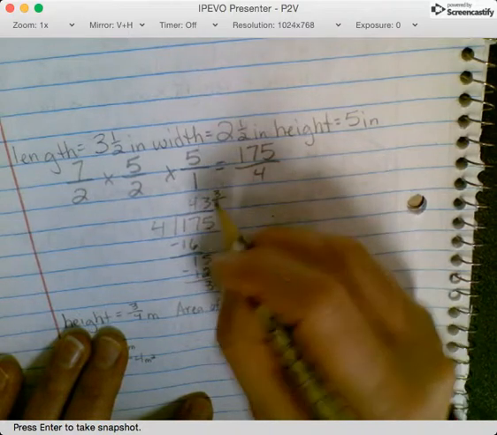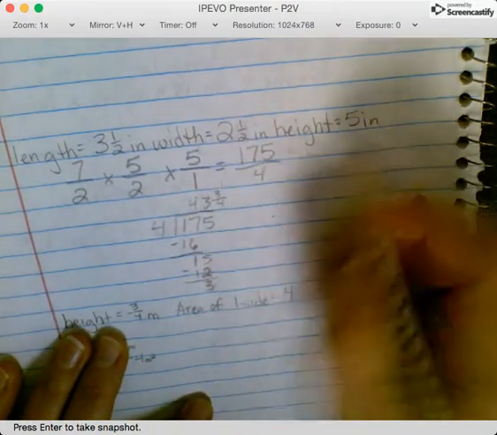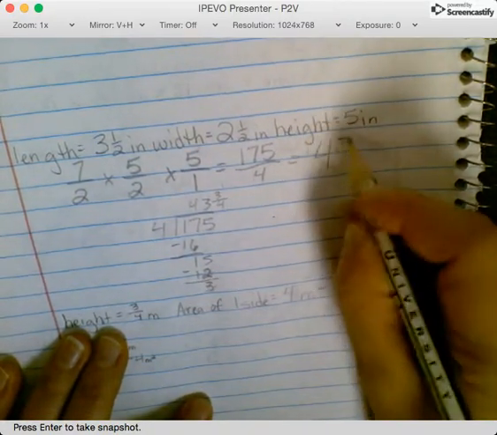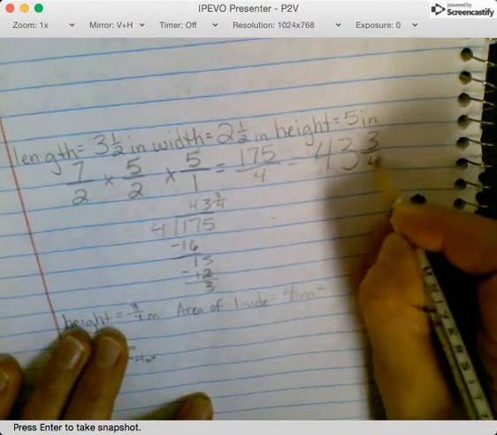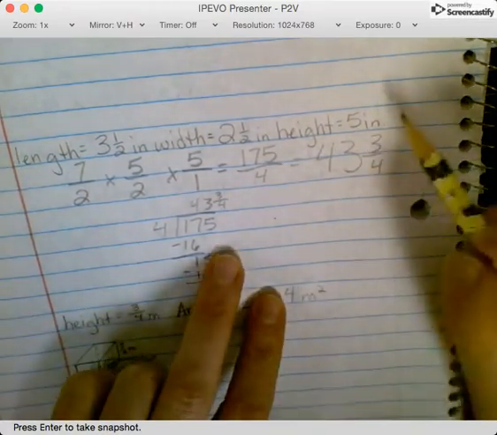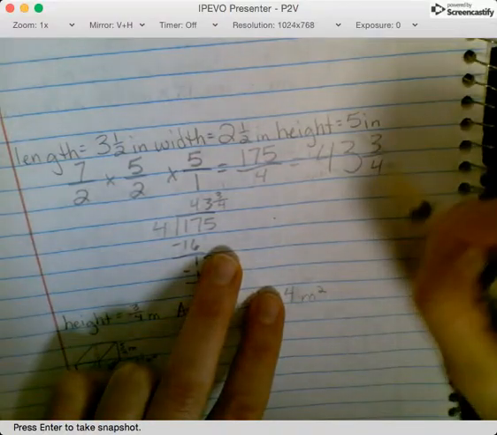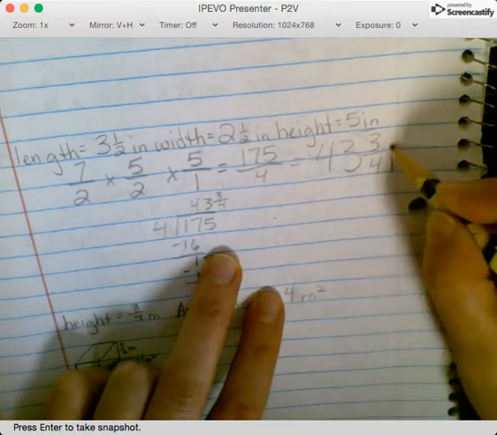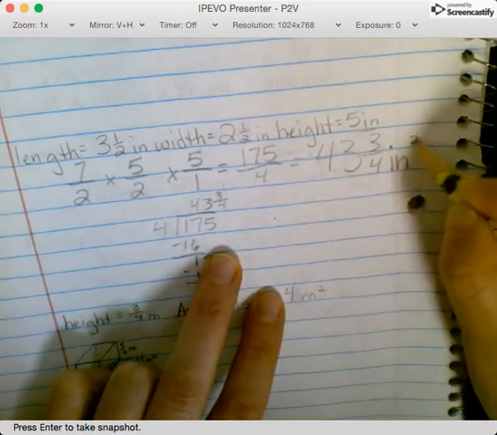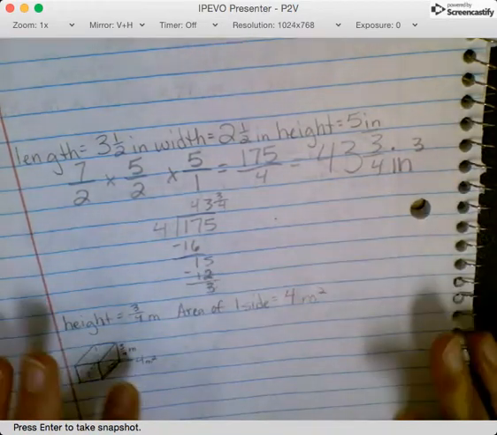So my 3 is part of a fraction out of 4. So it would be 43 and 3/4. Sorry, I got ahead of myself on that division there. And it started out as inches, so my label is inches with a 3 above it, inches cubed.